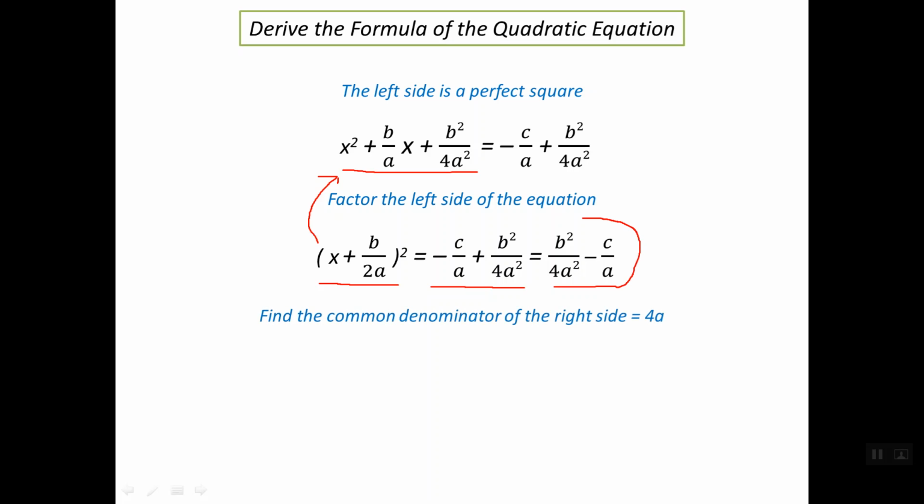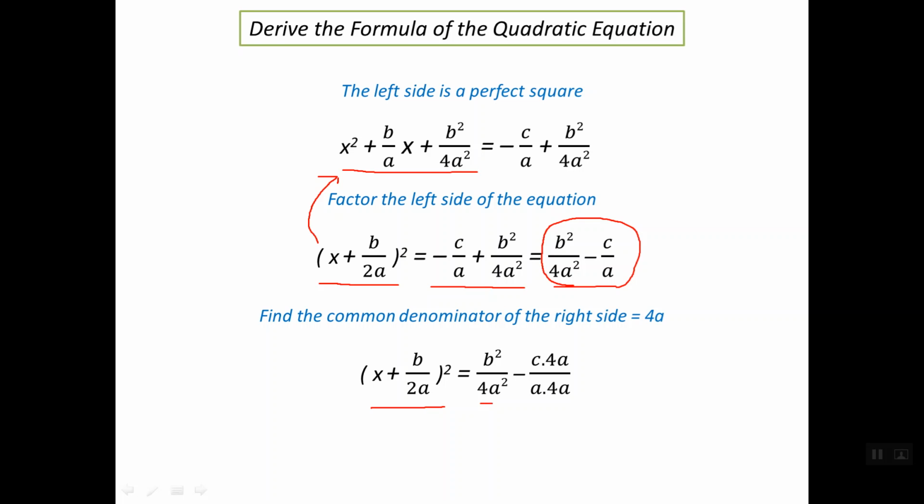Now we need to simplify the two terms at the right side of the equation. As you see, we have here two fractions with different denominators. So we can find the common denominator, which is 4a squared.